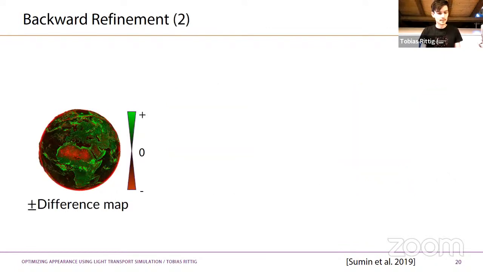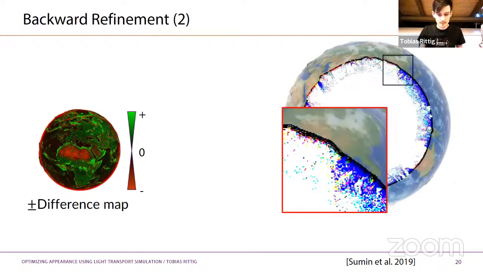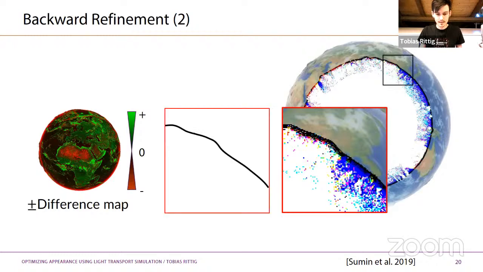And the heuristic approach to this works in the following way. Any negative residual there, which means the surface is too bright and we want to darken it down, gets propagated from the outside to the inside.